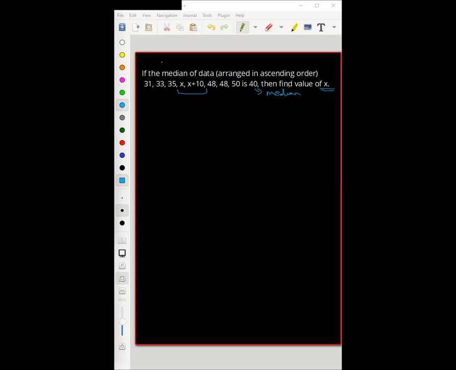It's very simple question when you see it. Just use the same formulas that we already know for median and try to figure out what we need to do.